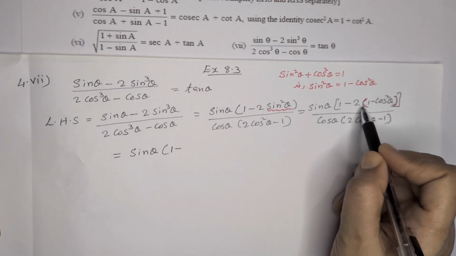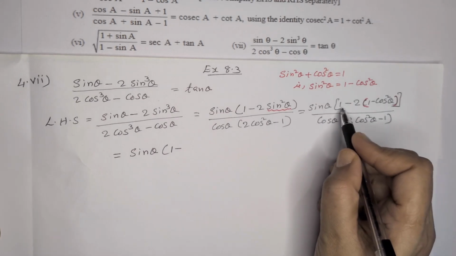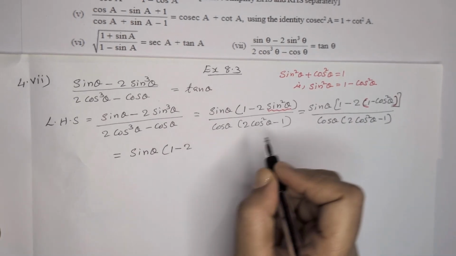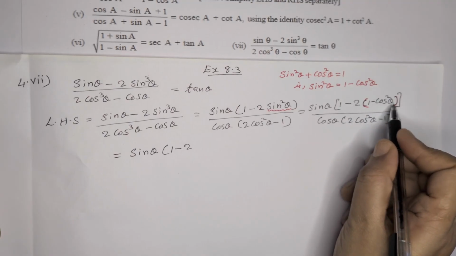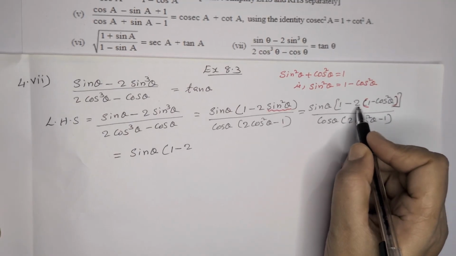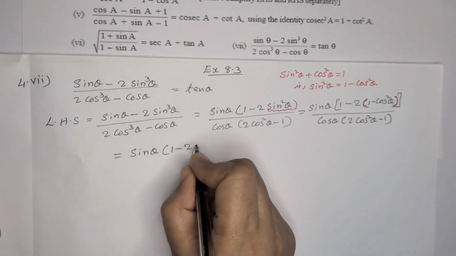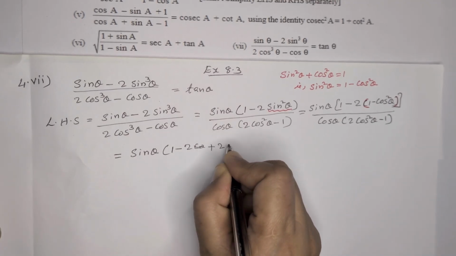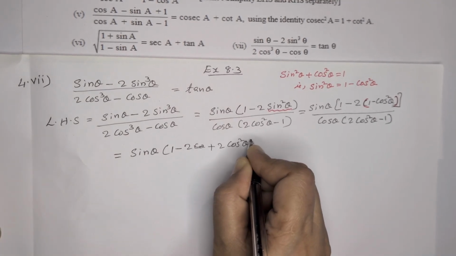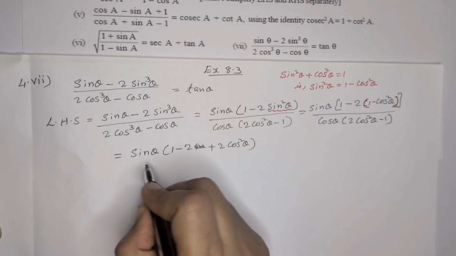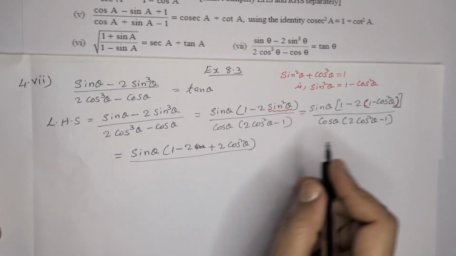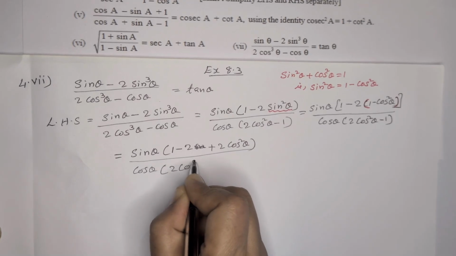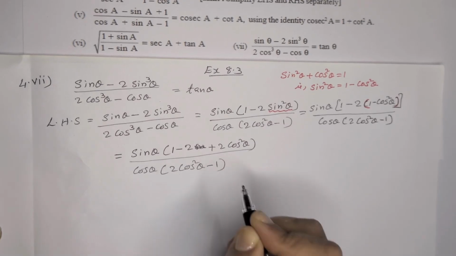Now we are going to open the bracket. Sin theta into 1 minus 2 into 1, minus 2 into minus cos square, minus into minus, plus 2 cos square theta, divided by the same, cos theta into 2 cos square theta minus 1.